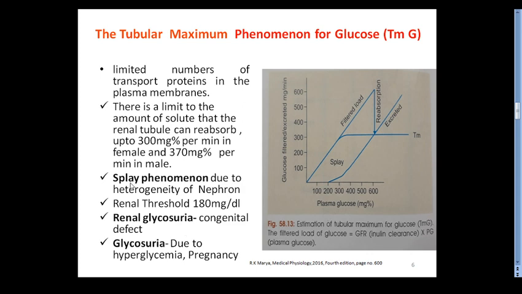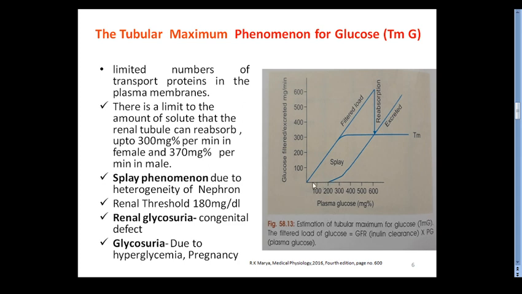So there is a phenomenon called the splay phenomenon. To understand this splay phenomenon, we will discuss this graph. The splay phenomenon is because of heterogeneity of nephrons. As we know, in the kidney there are millions of nephrons, and each nephron does not have exactly the same capacity to reabsorb glucose because of the different distribution of these transporter proteins in the nephrons.